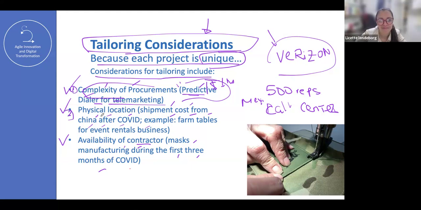Number 2, you need to take into consideration the physical location. I remember that after COVID, my husband said we needed to create a small business. He loves, le encanta eso, creating something new from scratch.